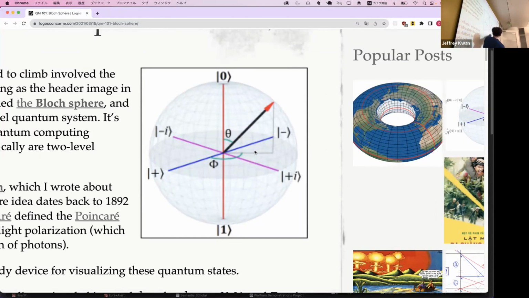So if your state was completely pointed downwards, then it's a 1, and if it's completely pointed upwards, then it's a 0. If your state was somewhere in between, then given these basis vectors, you can think of it as somewhat a 0 because it's kind of in that direction.